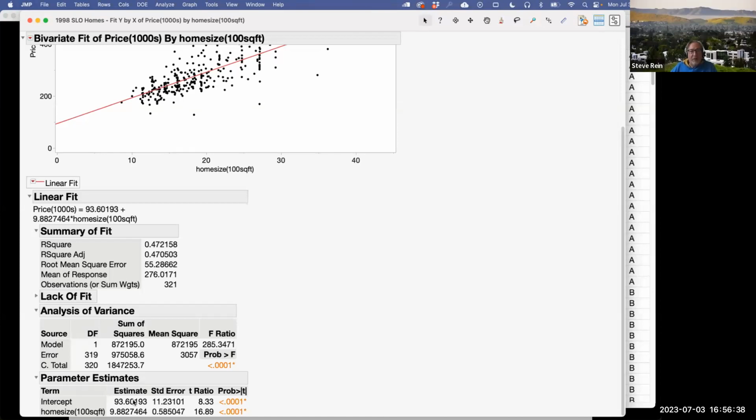So I can see an estimate and a standard error. And somehow we have a standard error and an estimate. That ratio, sometimes called a T ratio, gives me a p-value. In this case, it's less than 0.0001, which tells me if there is no relationship at all between the size of a home and then the price of a home, with a data set like we have here, 320 data points, almost never would we see a slope this steep.